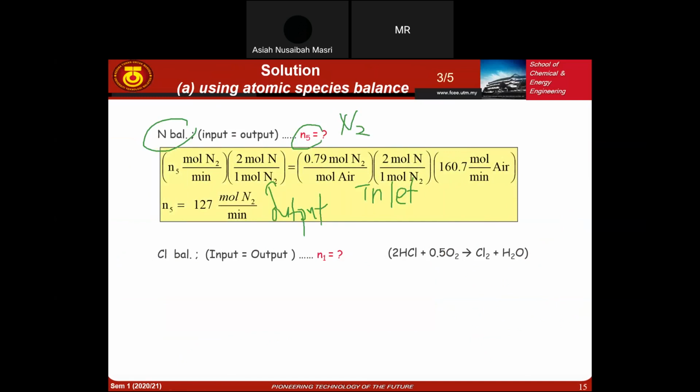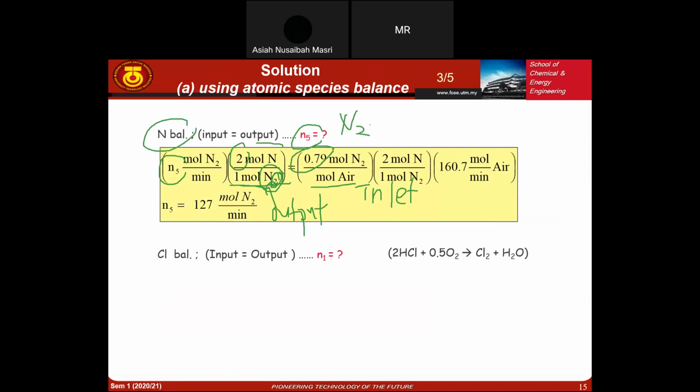So our output, for every 1 mole of nitrogen, N2, there must be 2 mole of N. There is 2 here. And then our output is N5. So that is output. How about input? Remember that for every 1 mole of air, we have 79% of nitrogen, N2.